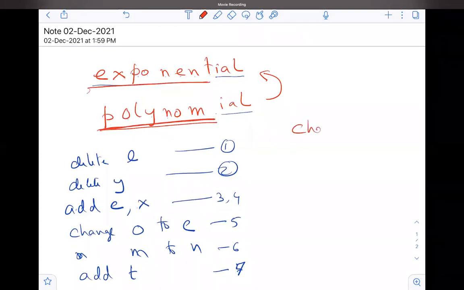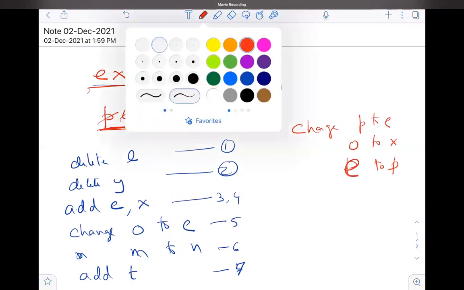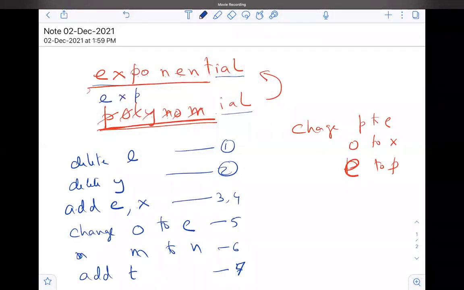I could have said change P to E, O to X, then L to P. So basically I change these things and I would have got E, X, P, O. Don't change N, because N is already right. So I would have changed Y to O.